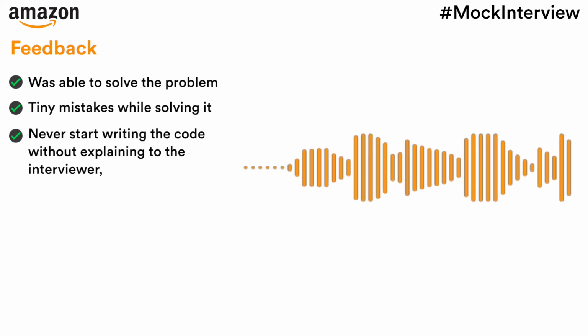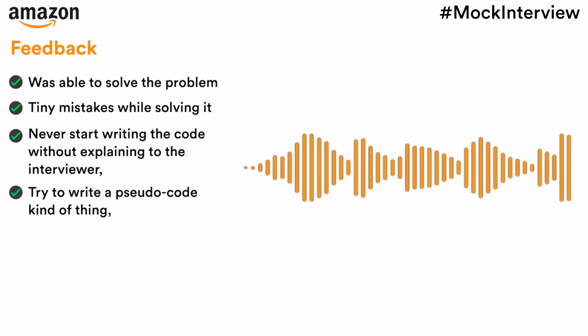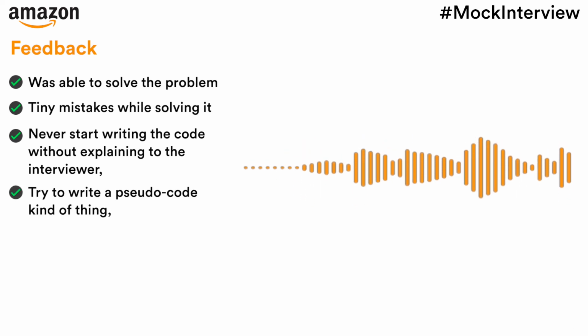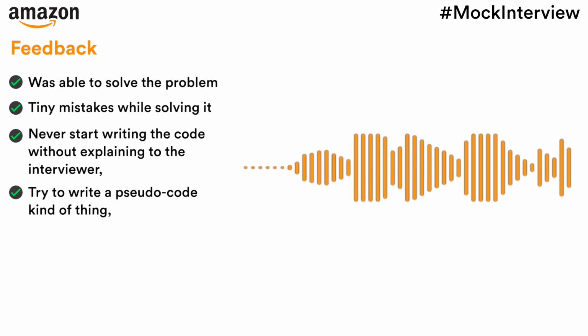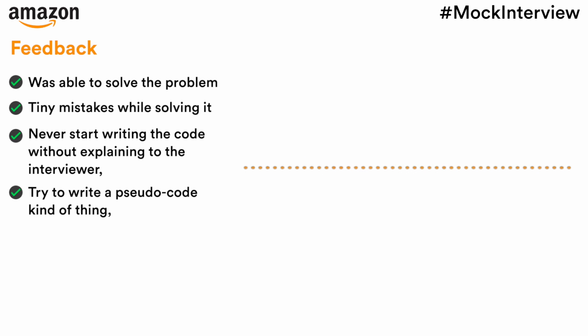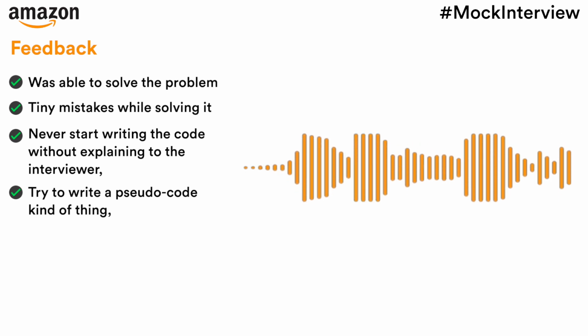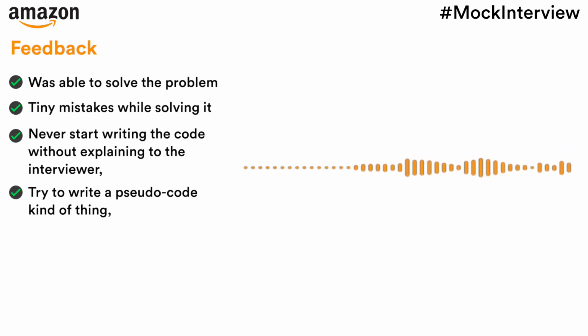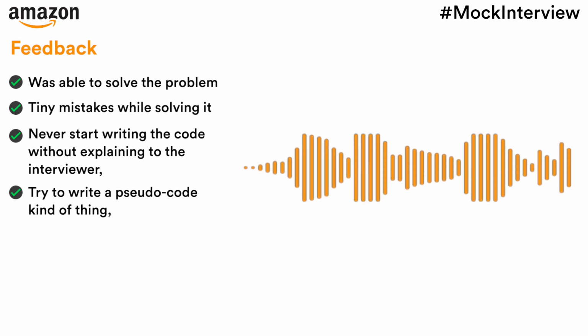For the linked list question, you should have written what you were trying to do. Try to write pseudo code, not too much detail, but just a little bit so that you and the interviewer understand what exactly you are planning to implement. This would also help you in implementing the code while you're writing it.